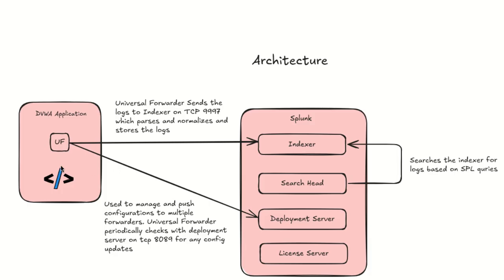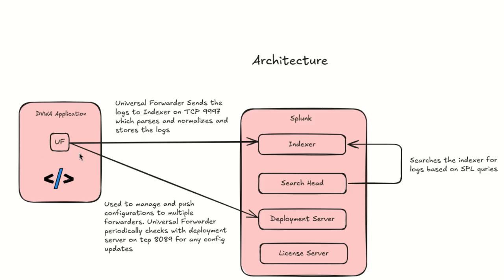Once you install your universal forwarder, it will send the logs to the indexer in Splunk, and it uses TCP port number 9997 for sending the logs. Once the indexer receives them, it normalizes, parses, and stores the logs in a specific index, whatever we have configured in this universal forwarder.